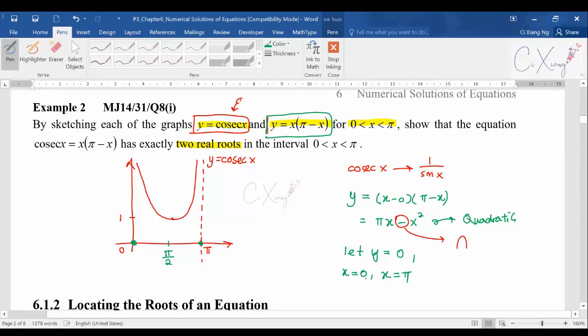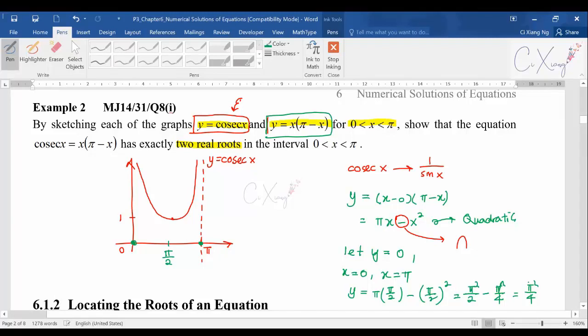If you want to double check, you can check the value of y. You can substitute in pi over 2 if you're interested. Eventually, you'll see that you have pi squared over 2 minus pi squared over 4. If you simplify, it will be pi squared over 4.